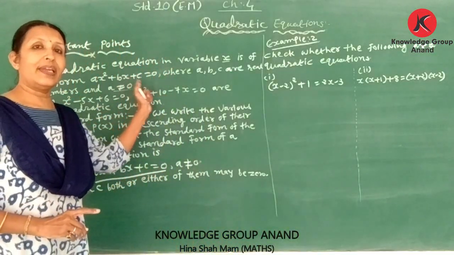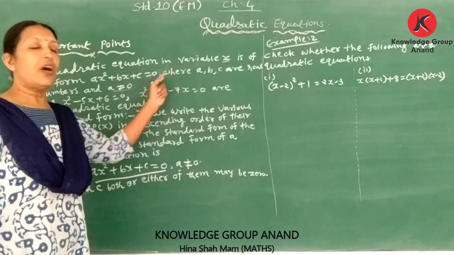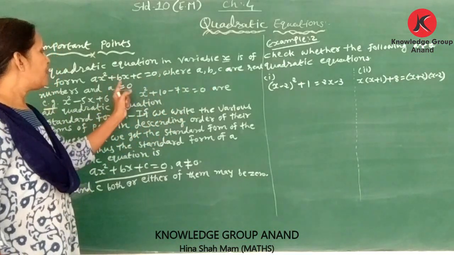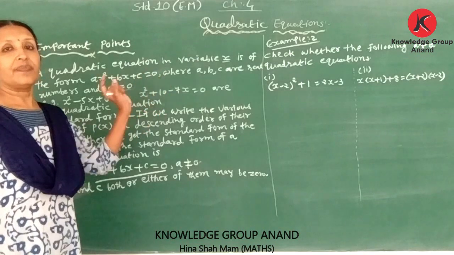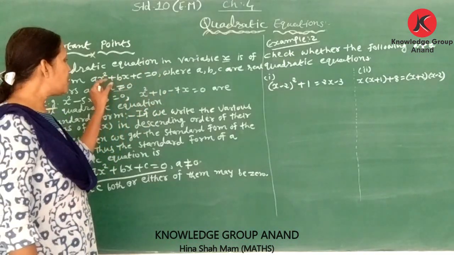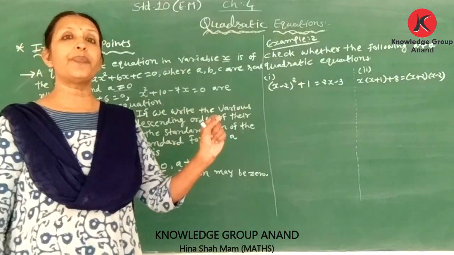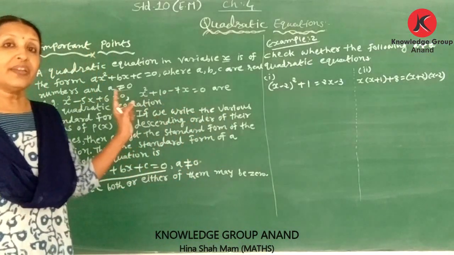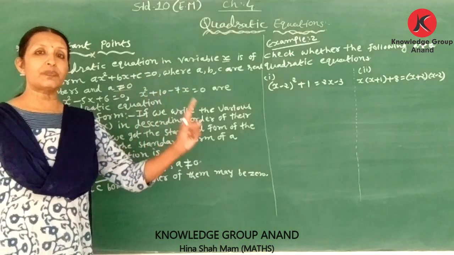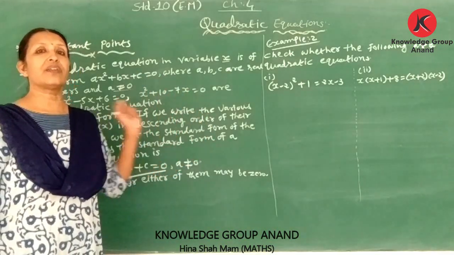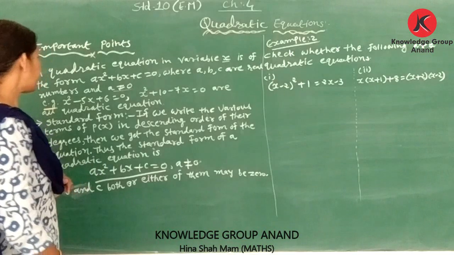You write ax square plus bx plus c in descending order of their powers. And if the question is to write the standard form of a quadratic equation, then we write ax square plus bx plus c is equal to 0.